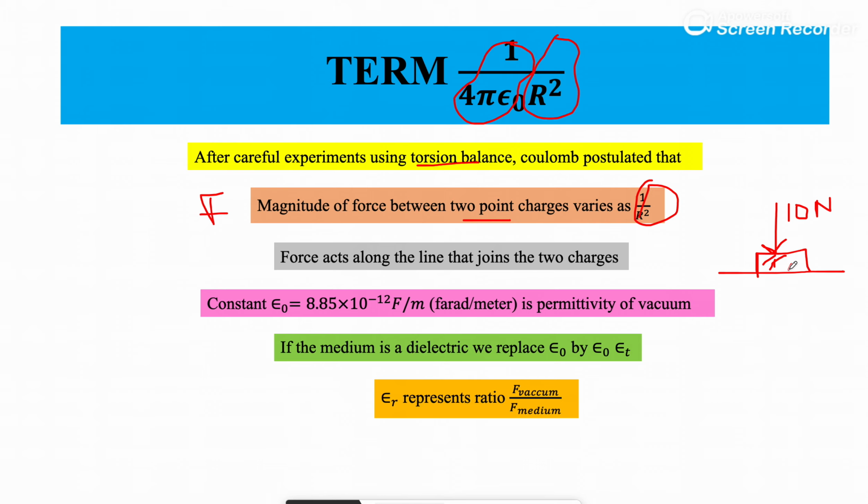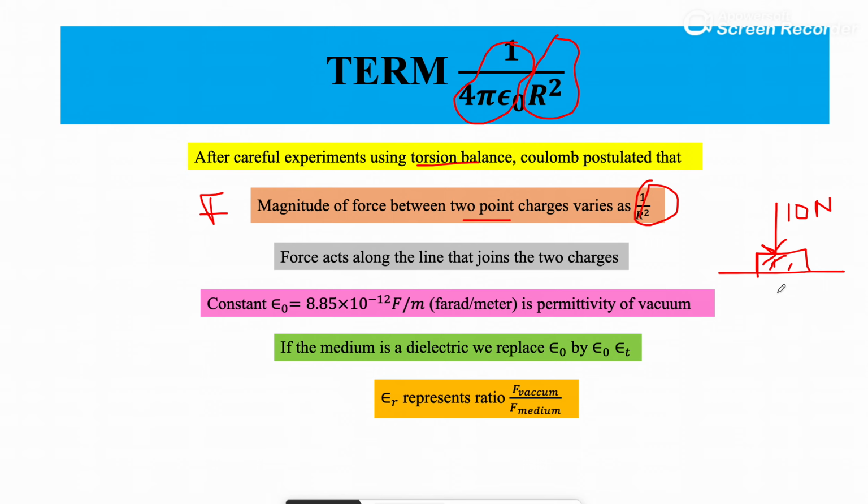Why is that? This is very simple. If I take this object and apply force from the top, I would not be able to move this object. Assume that the object is resting rigidly on the support. So if I apply 10 newtons here, I would not be able to move the object.